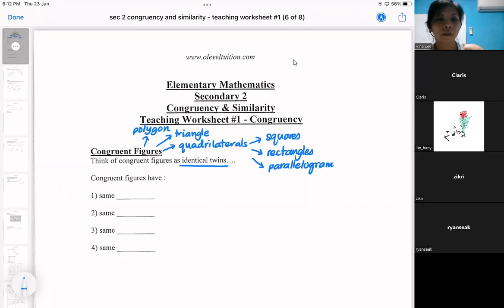So in terms of shapes, that means they have the same shape, they are the same size, they have the same length, and they have the same angle.